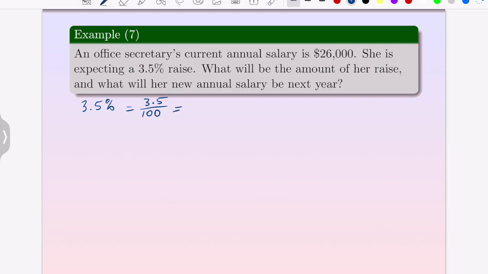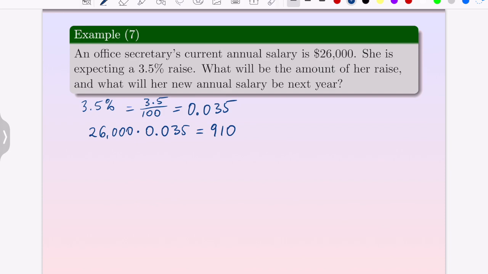We can type this on calculator and we're getting 0.035. Now to get her raise would be the original amount, which is 26,000, times the percentage in decimal form. And if you type this correctly, it's 910.